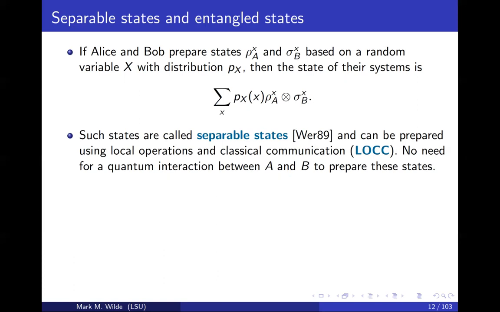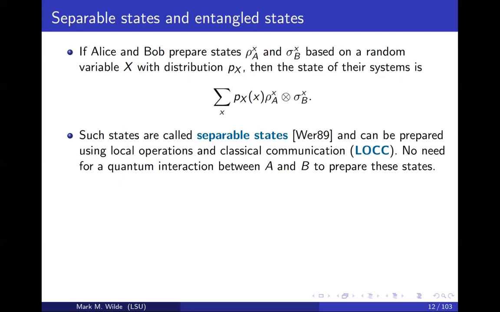Someone else could flip the coin and communicate the outcome over a classical channel, an ordinary channel, to both Alice and Bob. If the coin flip is heads, a third party tells both Alice and Bob it was heads, and they prepare the state based on the outcome. If it were tails, this other person could tell them that.